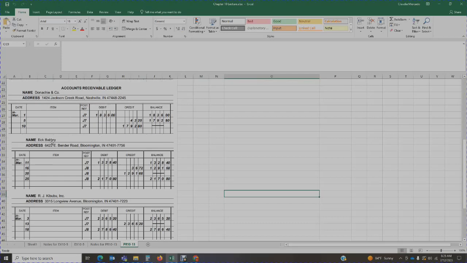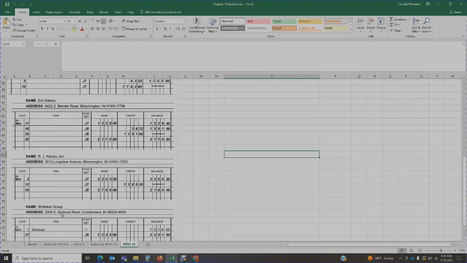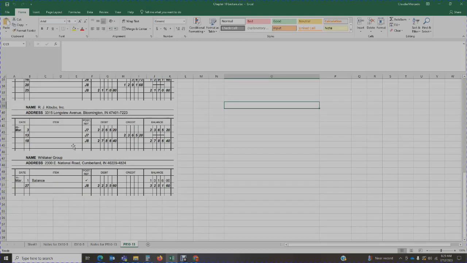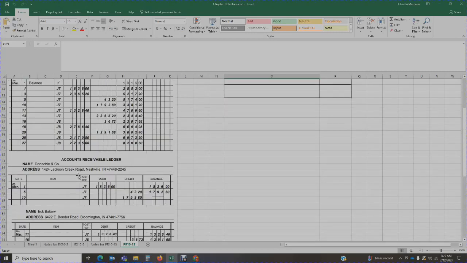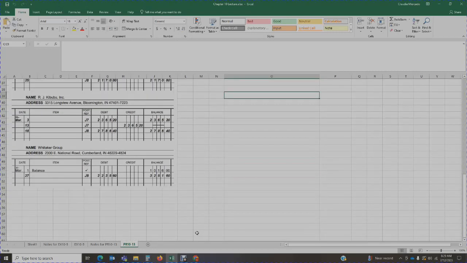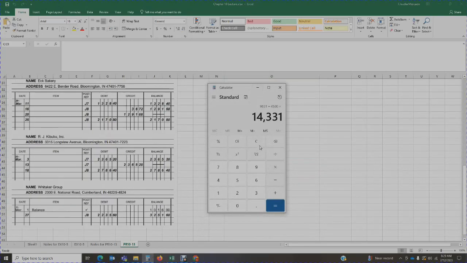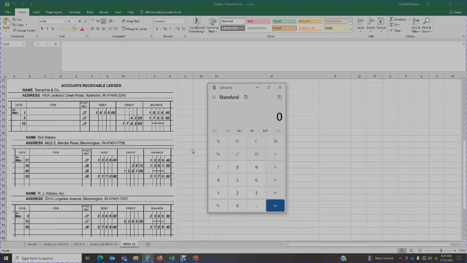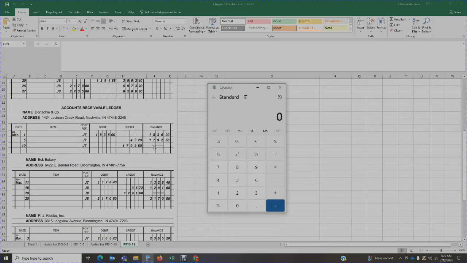These are the detailed ledgers by customer. So we have Donachi, Eck, RJ, Whittaker. These are the customers that owe us money. If we add the balances, Donachi owes me 0. Eck Bakery, 2170.80.